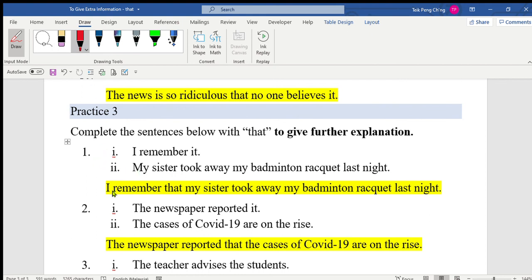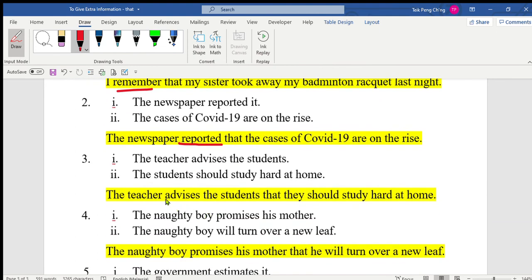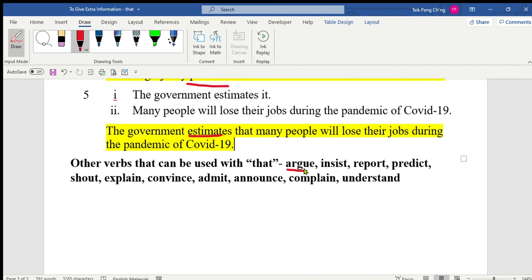For example, remember, reported, advises, promises, estimates, or argue, insist, report, predict, shout, explain, convince, admit, announce, complain, understand. And of course, there are many other words that come together with that, and you can get them easily online. Right, that's all for today.